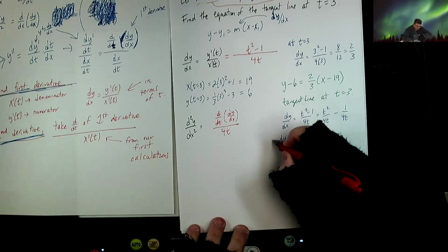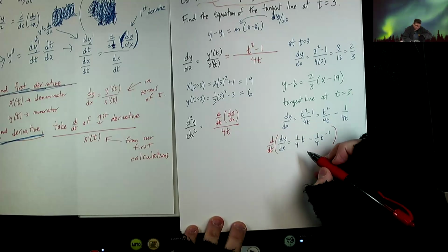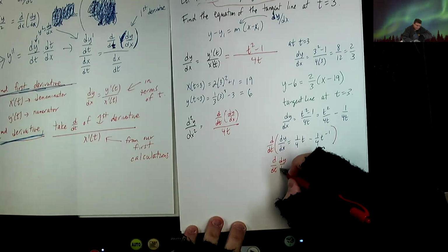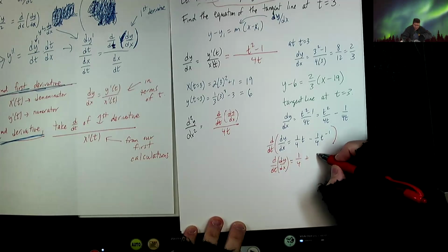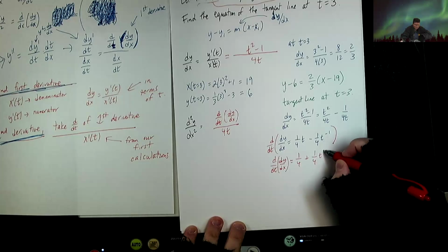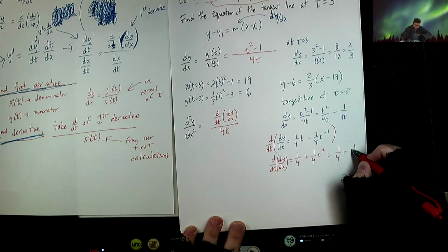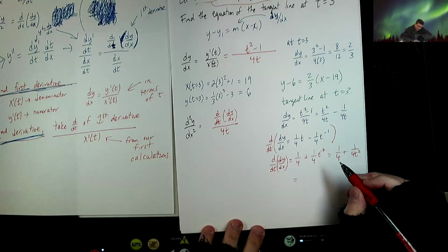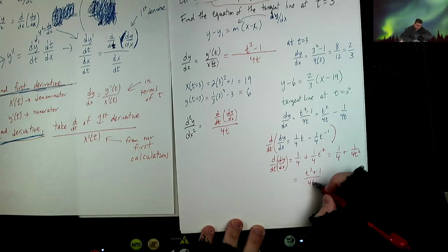And now when I take the time derivative of that, I get 1/4 plus 1/4 t to the negative 2, or 1/4 plus 1 over 4t squared. And if I get a common denominator, that would be t squared plus 1 over 4t squared.